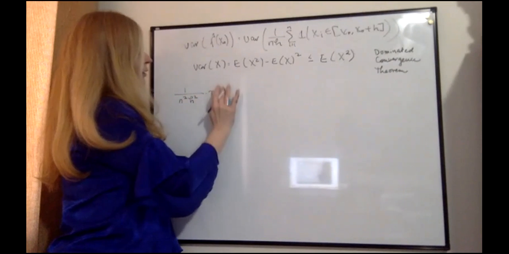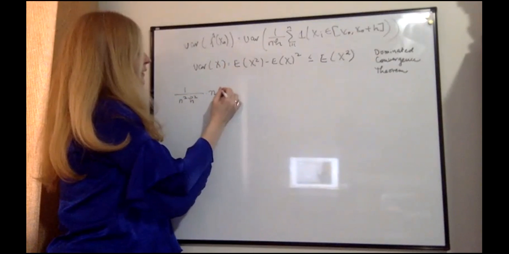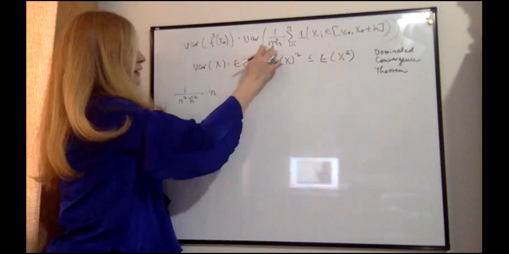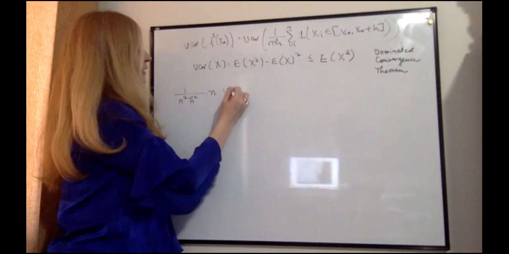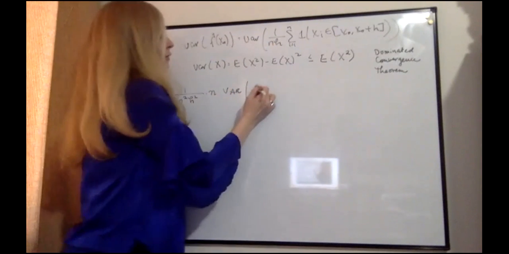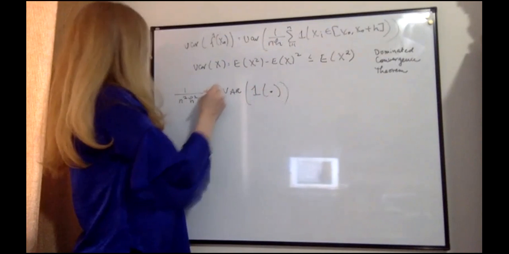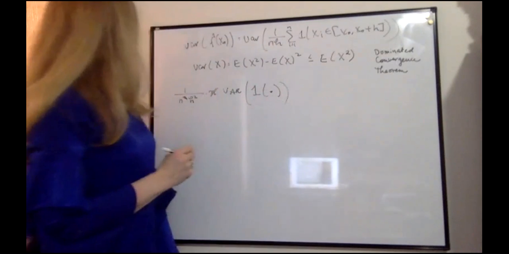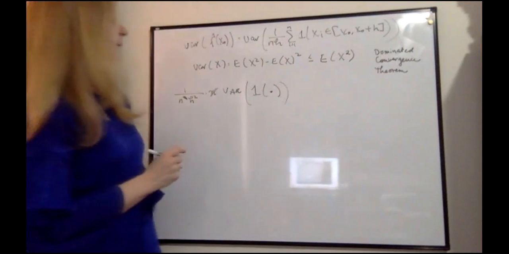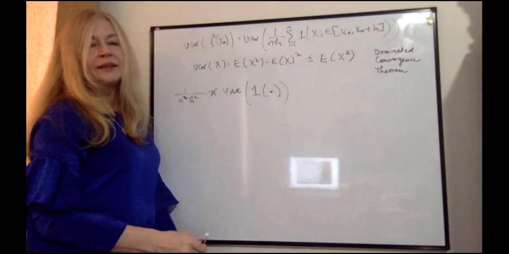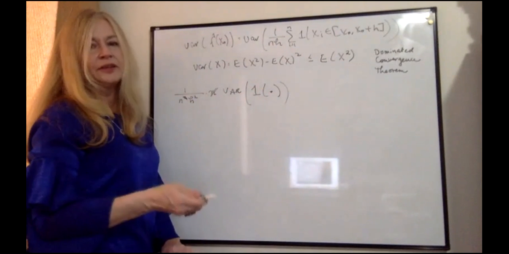Okay, well, this variance is going to be 1 over n squared h squared times the variance of this indicator function. See, this n is going to cancel with one of these n's, so we have 1 over nh squared. I'm using independence because otherwise we'd end up with these covariance terms.